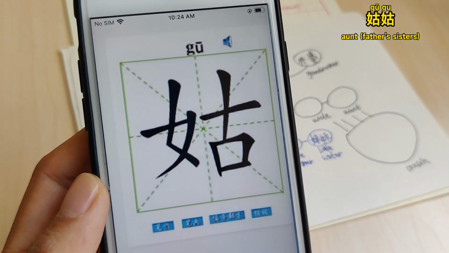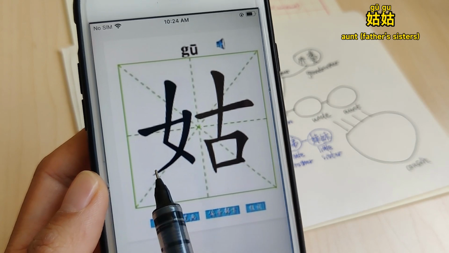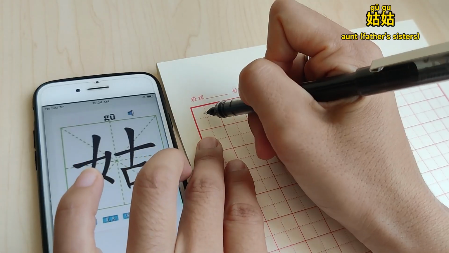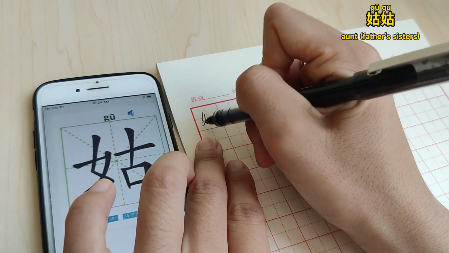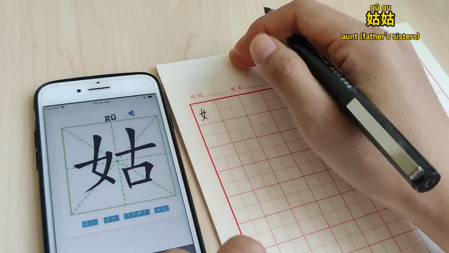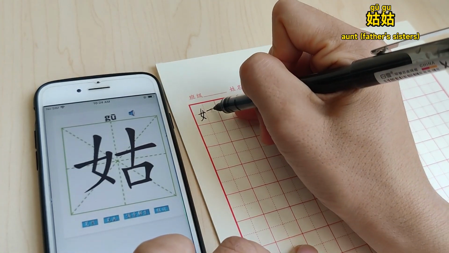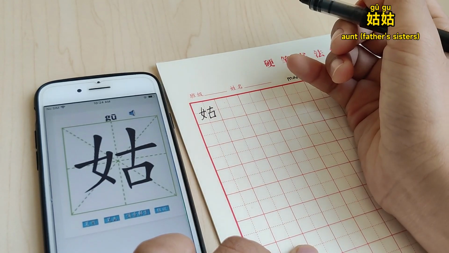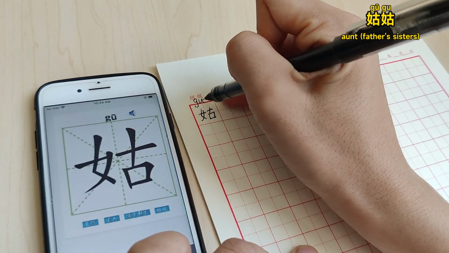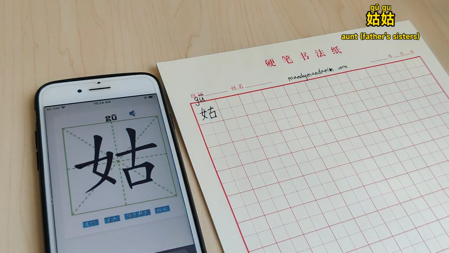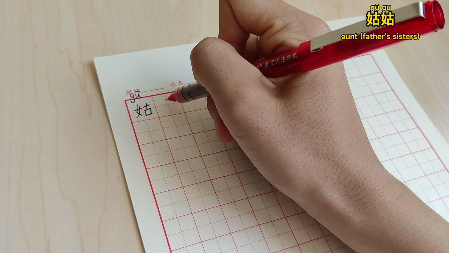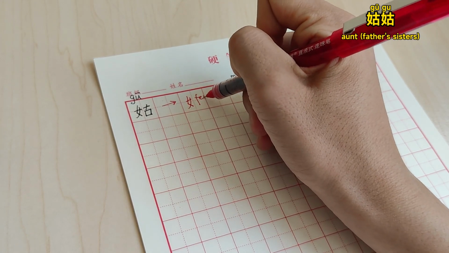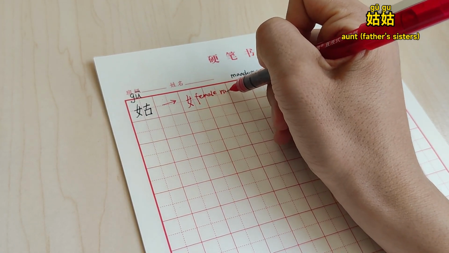And this is how we write the 姑. Here we are again, the female radical on the left, and on the right, 1, 2, 3, 4, 5. This is 姑. This is our old friend, the female radical.